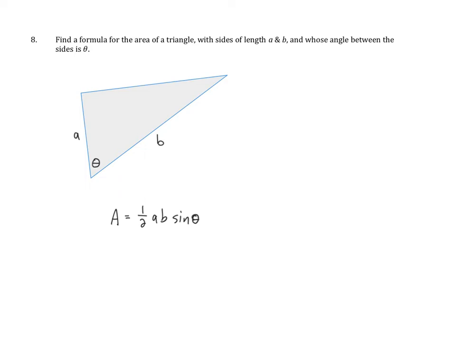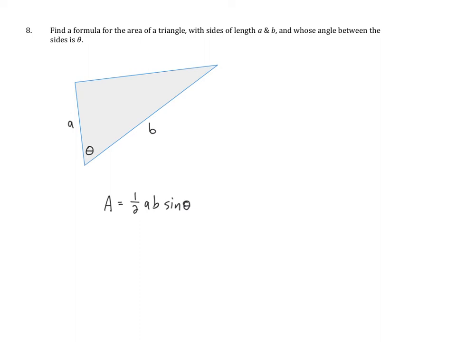Oh, there's no constraints on this one. Oh, I don't know. I must have made a mistake. You can't do this one because you can't get it in terms of one variable.